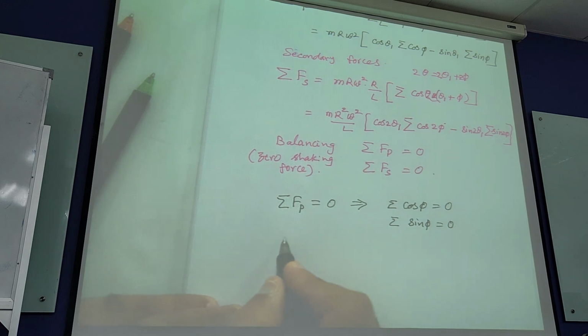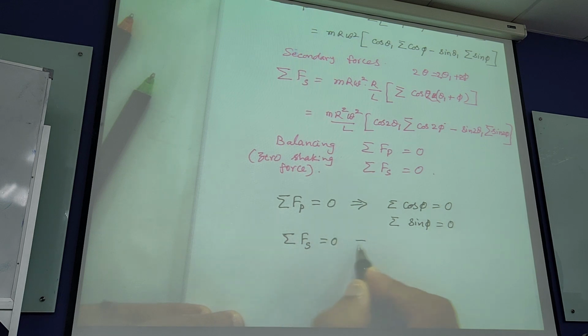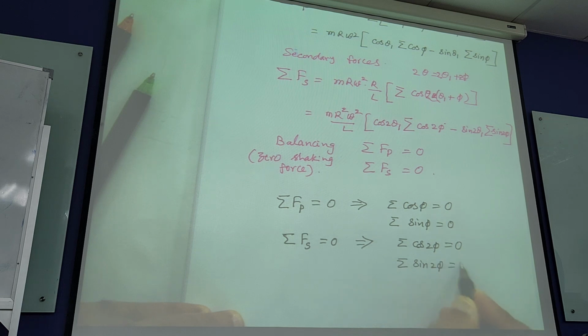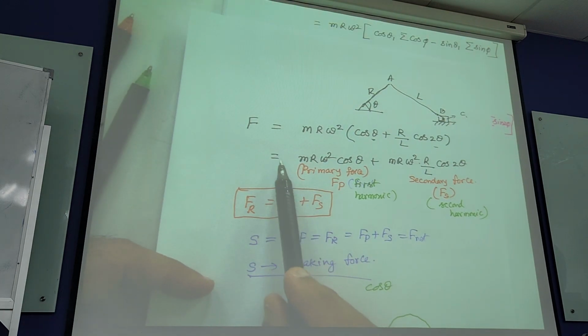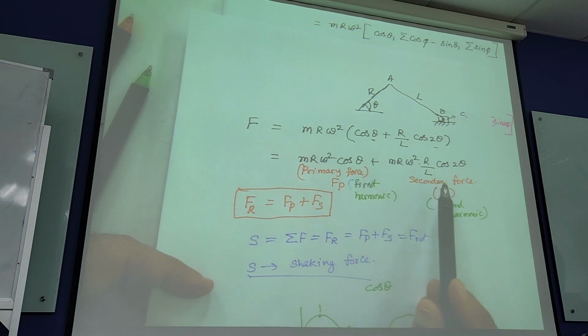Similarly, the sum of secondary forces being 0 implies the sum of cosine 2 phi should be 0 and the sum of sine 2 phi should be 0. We know the net force is primary force plus secondary force.